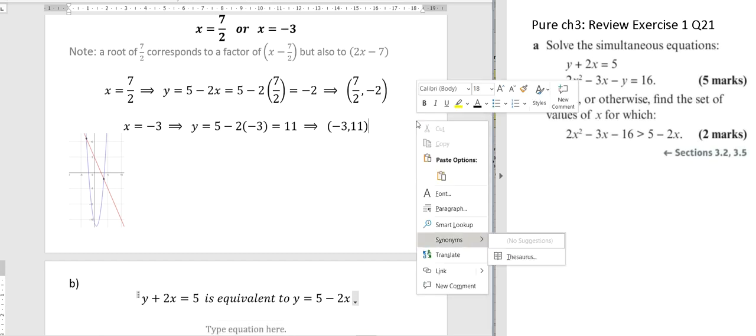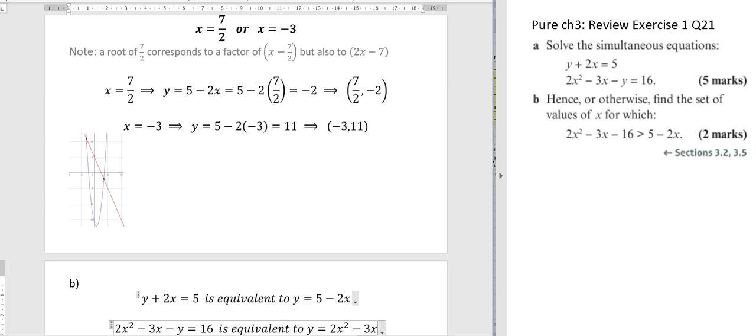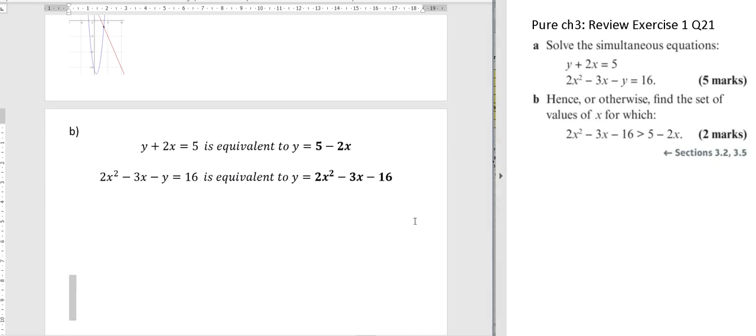Not only that, but if we have our quadratic, 2x squared minus 3x minus y equals 16, that one is equivalent to y equals 2x squared minus 3x minus 16. You might recognize both this expression and this expression in the question that we were looking at over here. The inequality requires us to work with those two expressions. And each of them is basically what y equals.